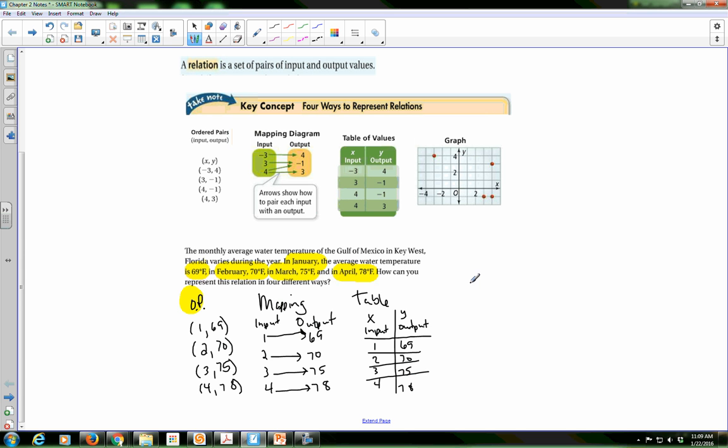And last but not least, my graph. I'm going to go legit on this one and get x and y axes.